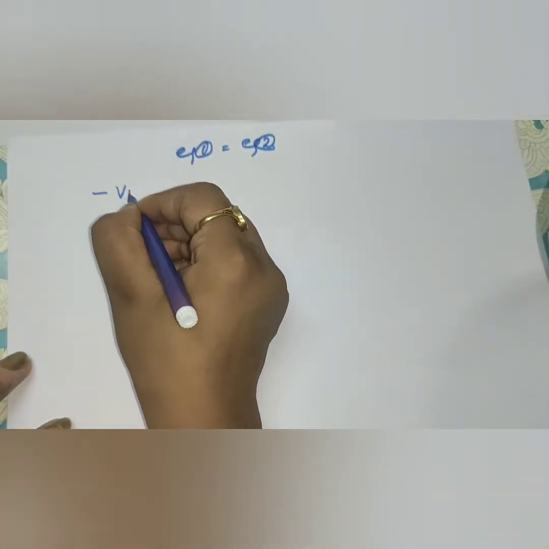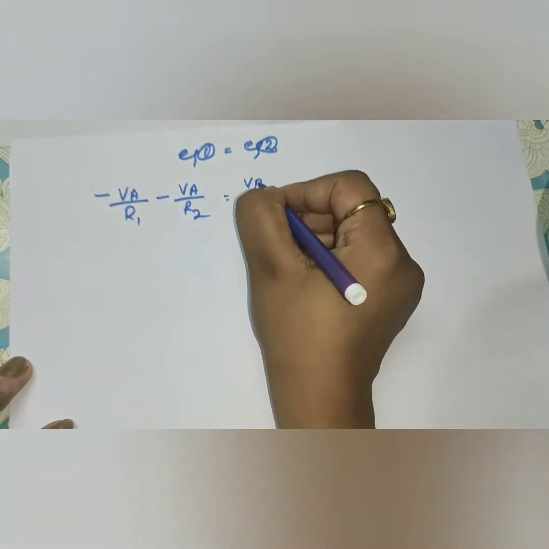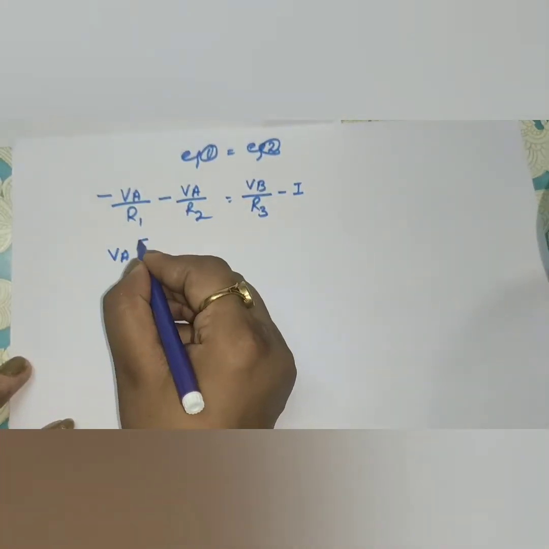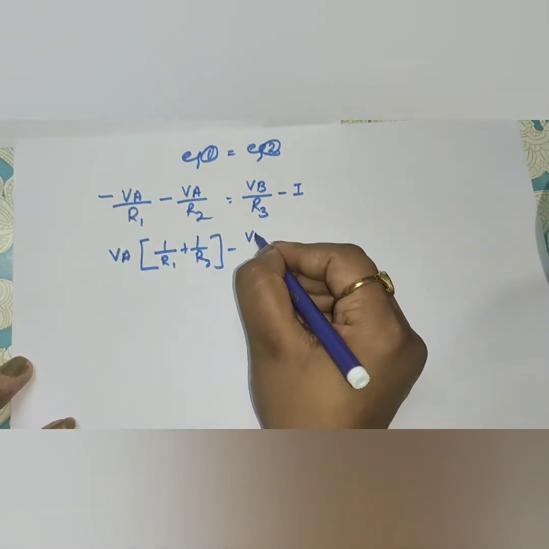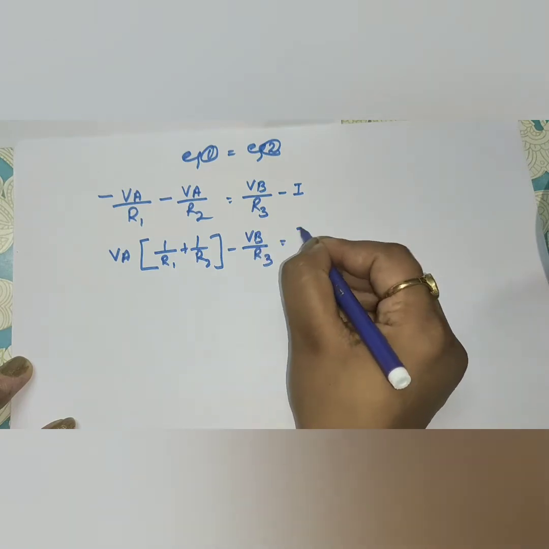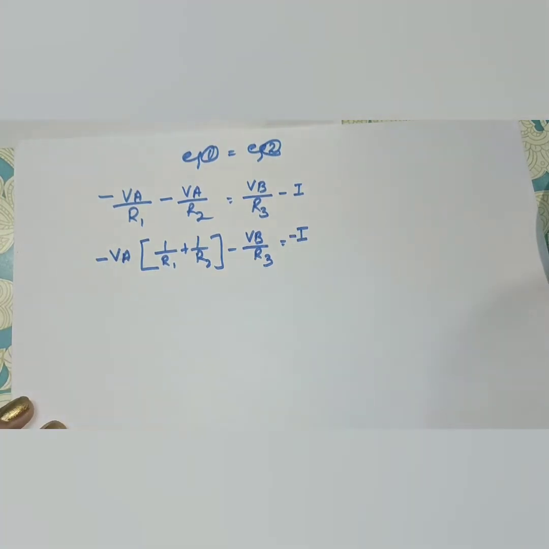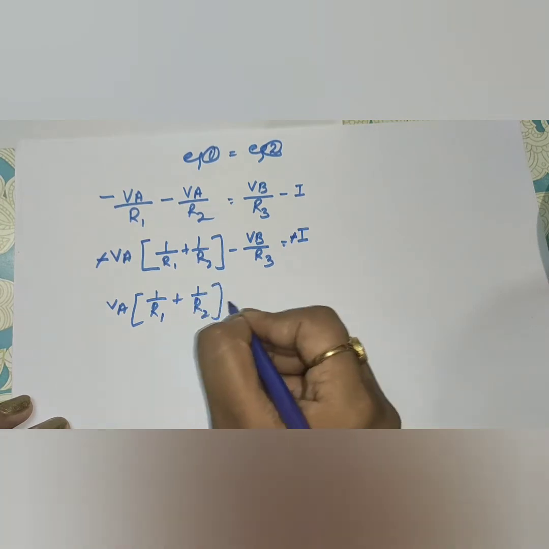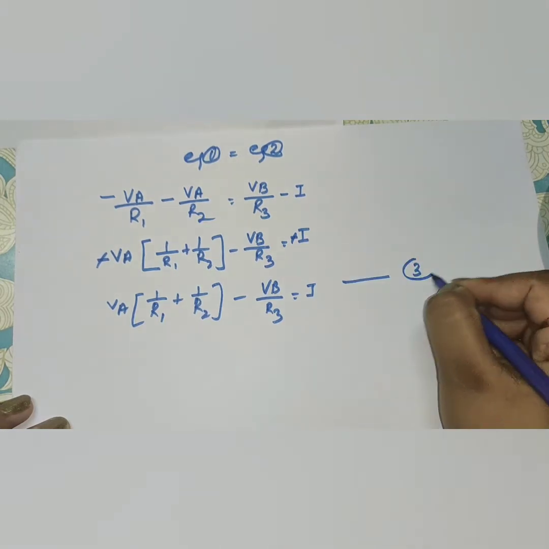So here minus VA upon R1 minus VA upon R2 equal to VB upon R3 minus I. Now here, taking the minus sign, we can write VA times 1 upon R1 plus 1 upon R2 plus VB upon R3 equal to I. This will be your equation 3.